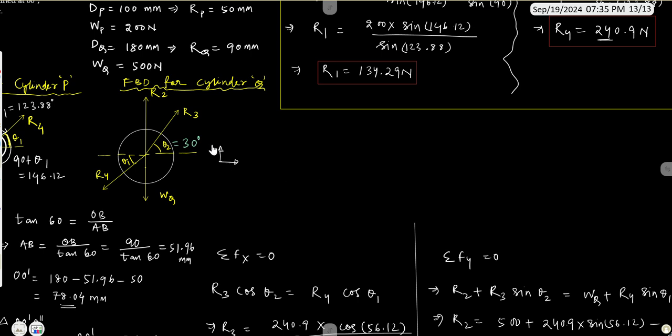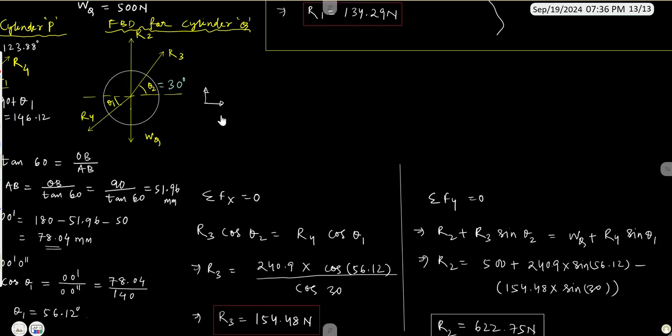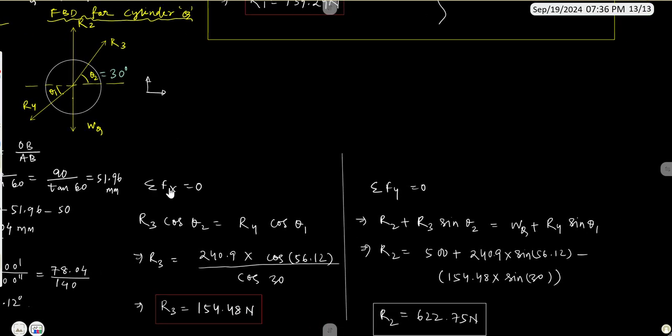But I have solved this by using the equilibrium equations, like summation of Fx equal to 0 and summation of Fy equal to 0, because we have already used Lami's theorem in the previous case. So if we use the equilibrium equations, we'll get some exposure to that also, right? First I have applied summation of Fx equal to 0, all the forces along the x-axis will equal 0.